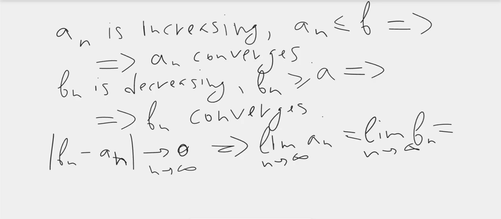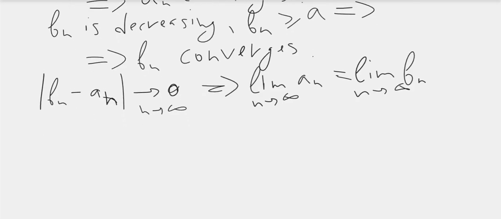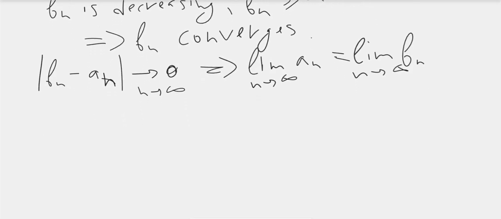Actually, we don't need this limit. Yes, it's true that they converge to the same limit, but we don't need it. What we need is the sequence cn, which is equal to an plus bn over 2, the sequence of the midpoints of the intervals.